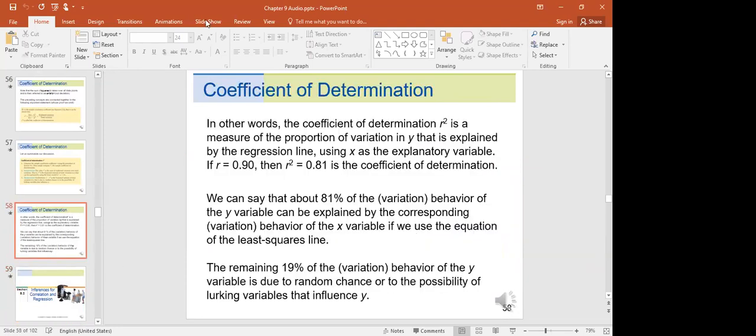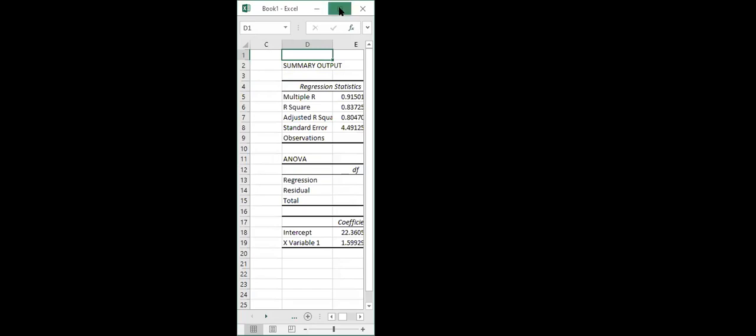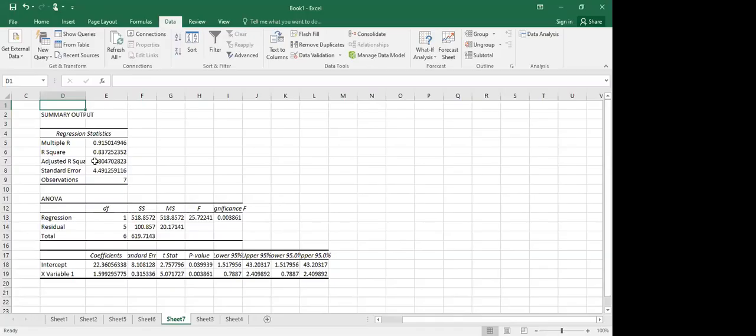So let me go back to Excel and we will see where those numbers are. So this is R, the correlation coefficient. This is R squared, the coefficient of determination.